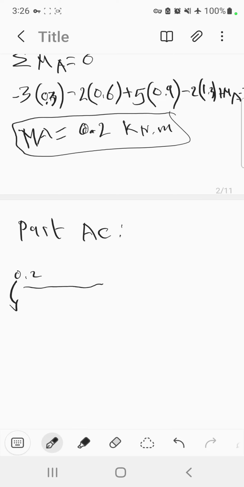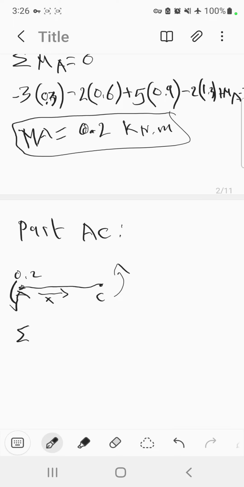Okay, that's the moment for it, and we need to find the moment for the point C and point A. We know Ax is 0 here, and we know Vy or VA is equal to 2.